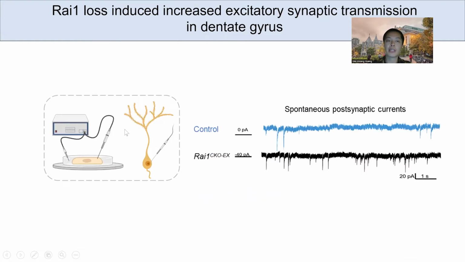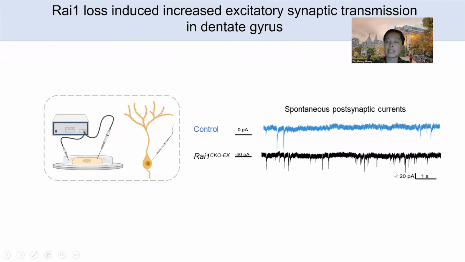We can also take the cells out of the mouse. We can prepare acute brain slices and basically use a pipette to listen to the neurons talk, if you will. This graph shows that in the control mice, there's some activity in the neurons coming from the surrounding neurons, the neighbors. And in RAI1 knockout mice, the neighbors talk a lot, right?